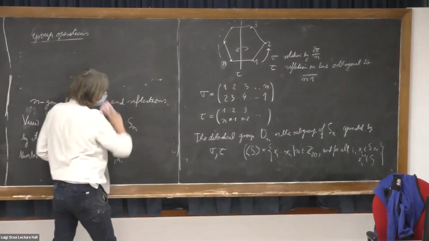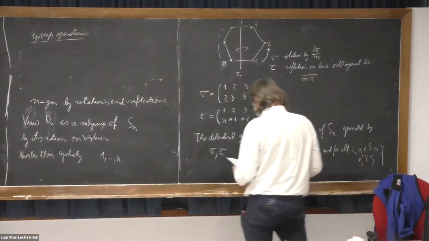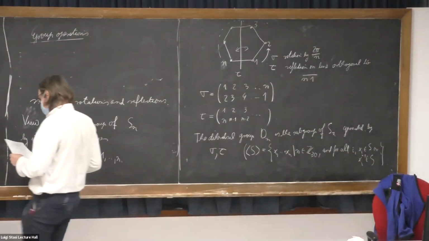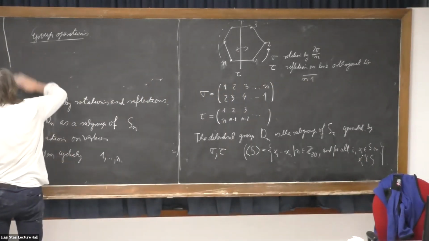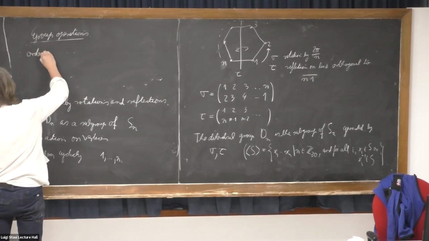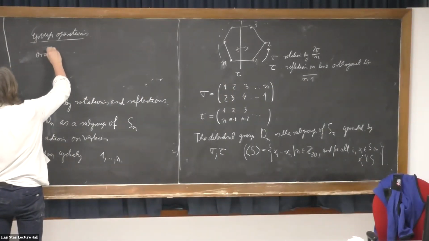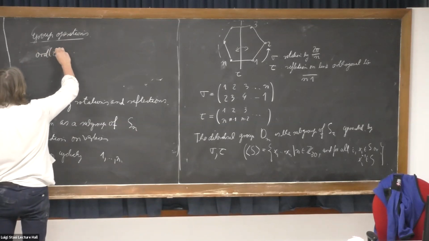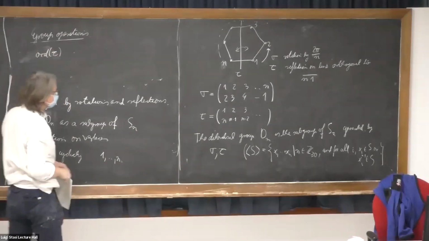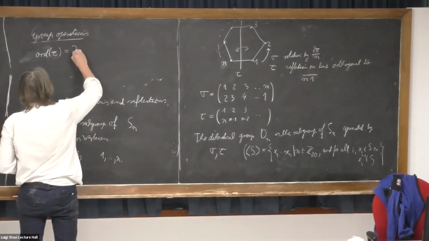And now let's look. In this case, we have two elements. So what can we say about it? Obviously, the order of tau, this is a reflection, if you apply it twice you get the identity, so this is 2.